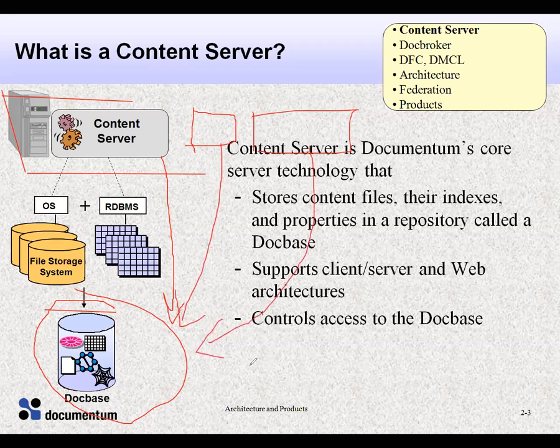What would be the benefit of it? When the load or capacity requirement is increasing, it will distribute the load. For example, let's say we have 1000 users concurrently accessing a content server. All these 1000 requests can be distributed across these three content servers.